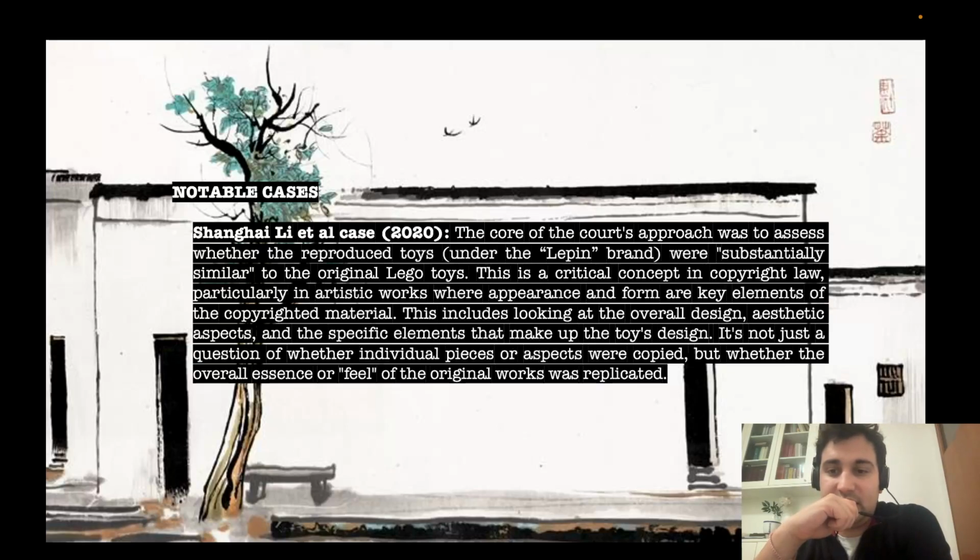In order to determine this, the court will look at the design, aesthetic, and specific elements that make up the protected work.